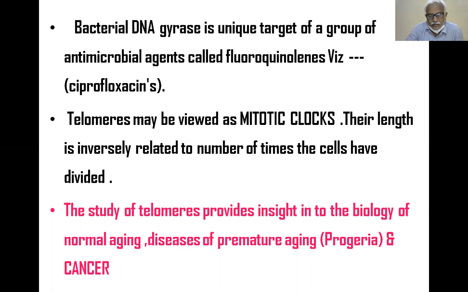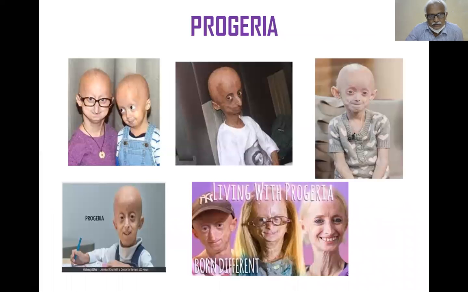A small child will be there, but the face appears as if he is an old boy. So that's known as premature aging or progeria. Here you can see the pictures. We have seen one cinema also. Amitabh Bachchan appears as a small boy, and a small boy acts like an old man.